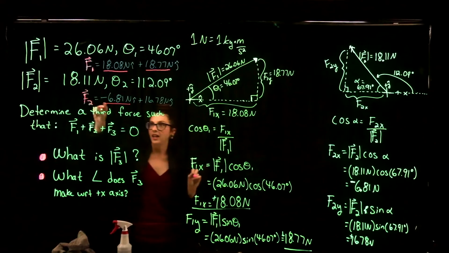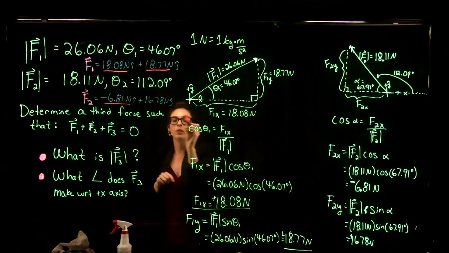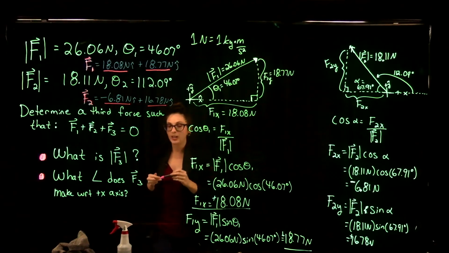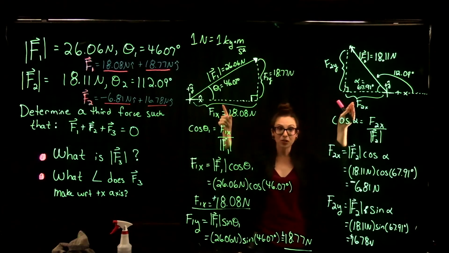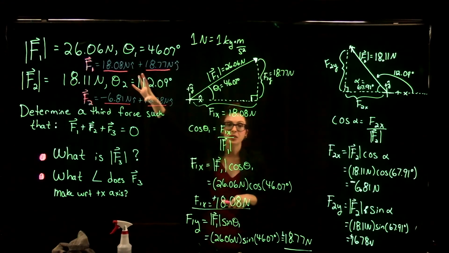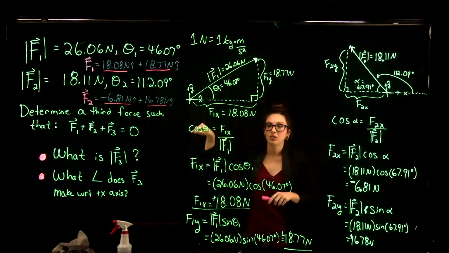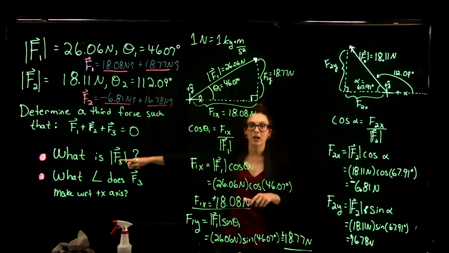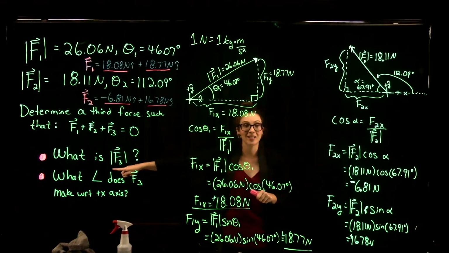It has a negative x component and a positive y component, okay? So now that we have the x and y components of these two vectors, we can use them in the same way as the previous problem that we worked on to figure out what the x and y components of F3 are, and then we can figure out its magnitude and the angle it makes with respect to the positive x-axis.